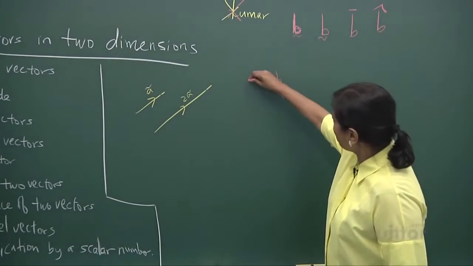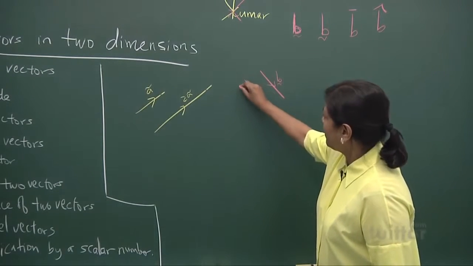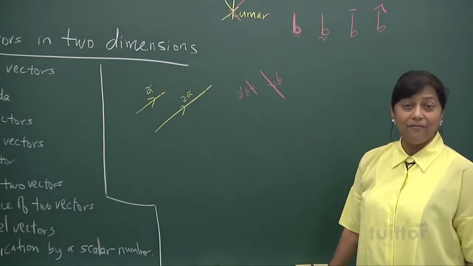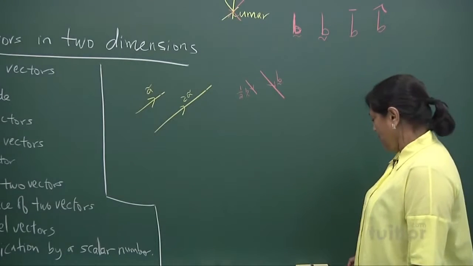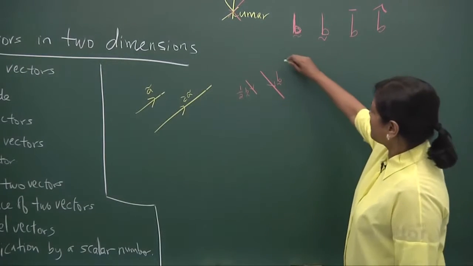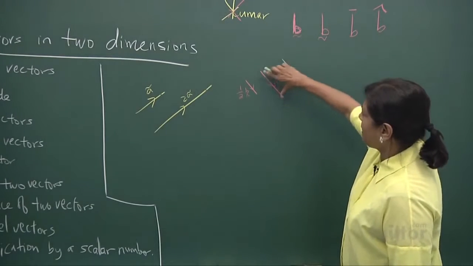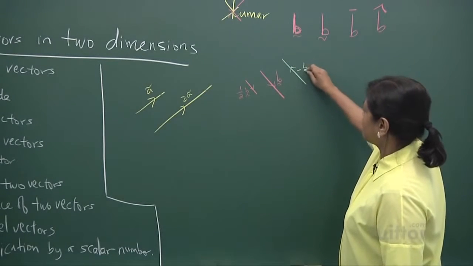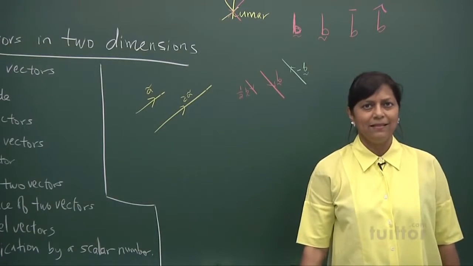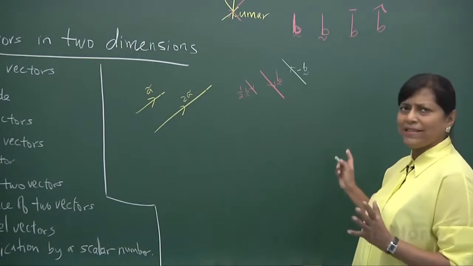If I want a half B, that's called a half B. Now, if I want a negative B, it's going in the same direction, the same length, take note, but this is a minus. This is a negative vector. Got it? Good.